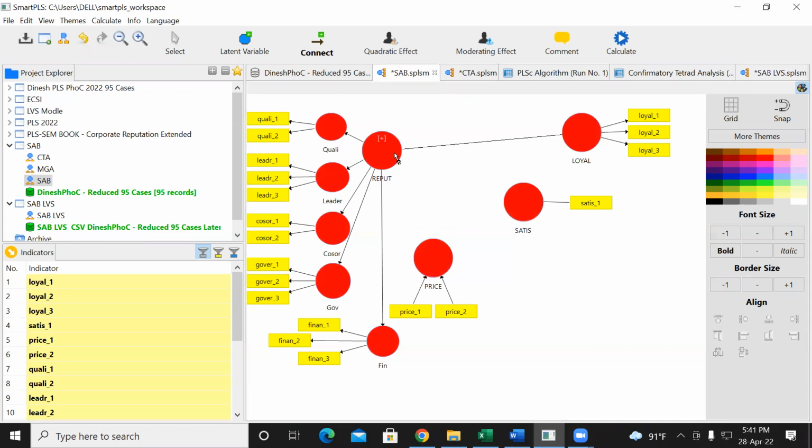Now arrows are going towards this side, right? Very basic idea, you know that. Further, assume that my second order construct reputation has first order reflective, but second order not reflective, formative. Now this is a very common problem people face.